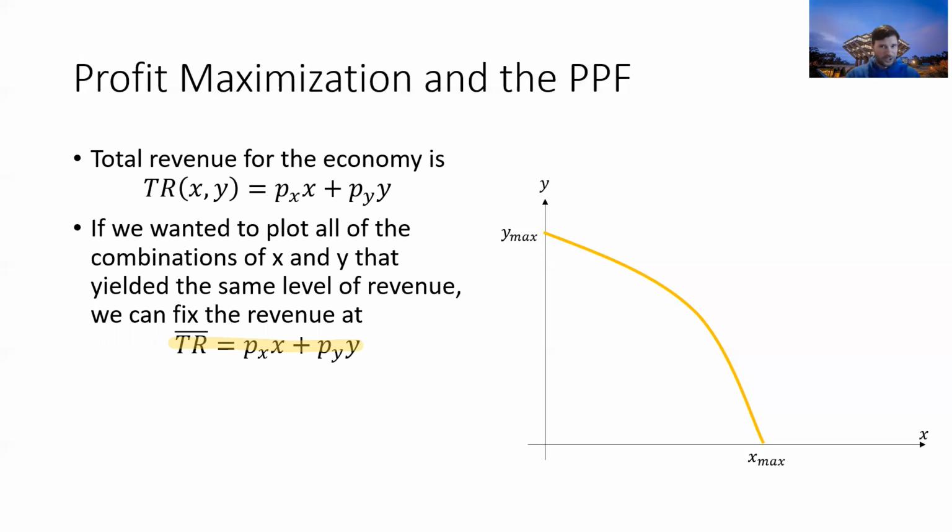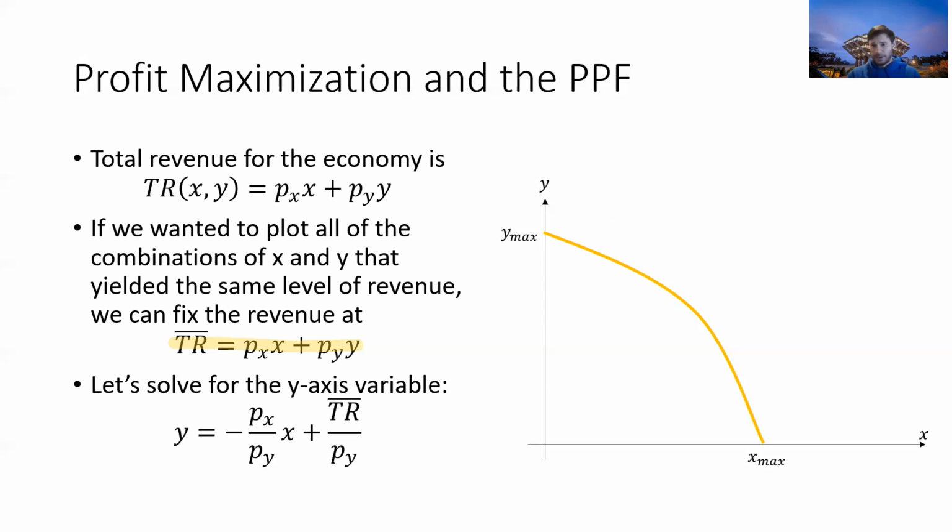It looks just like a budget constraint, right? Yeah, it's going to be a straight line. Absolutely. And the slope of that straight line should be very, very familiar.